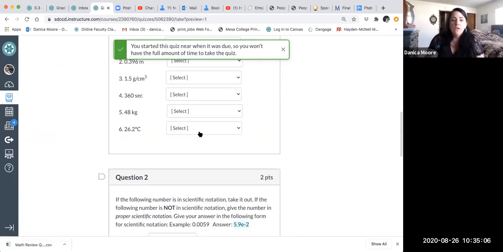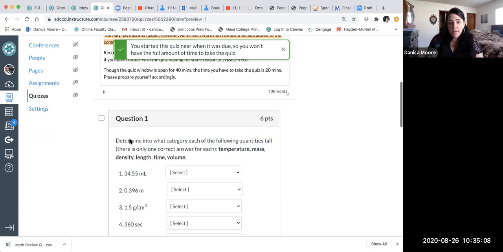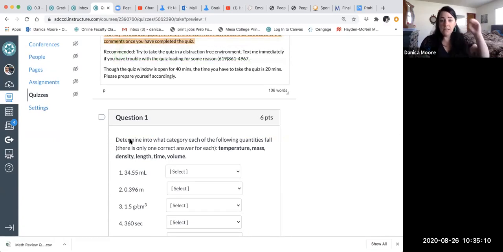Cool, there we go. Okay, so just so you guys are aware, there's always going to be different versions of the questions, but they're all basically doing the same thing. So first things first, going through question 1. Did anybody have any trouble with question 1? Making sense of it, understanding what it was asking, anything like that?